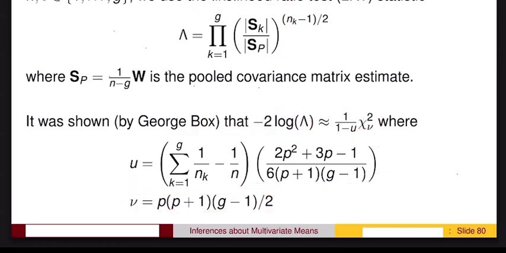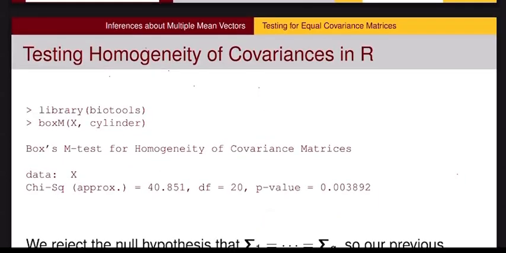Now I want to move on, but how do we do this in R? This has been programmed in R. You need to load a package, library biotools. The moment you have your data matrix X, we call this test a Box's M test.